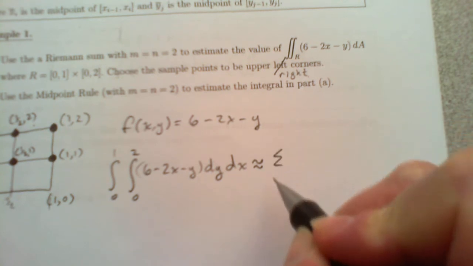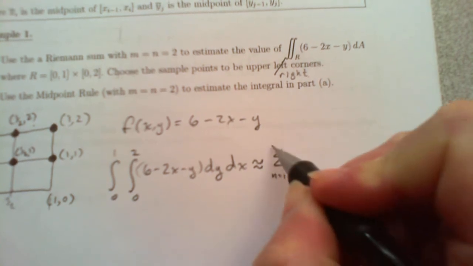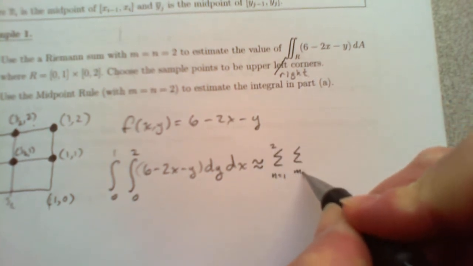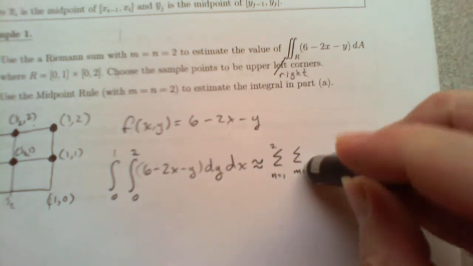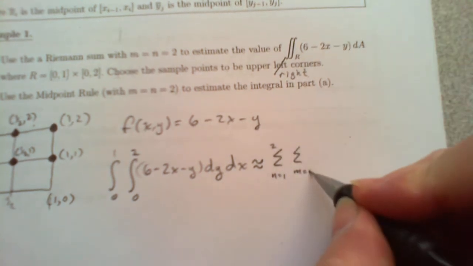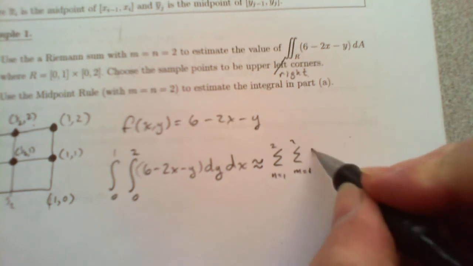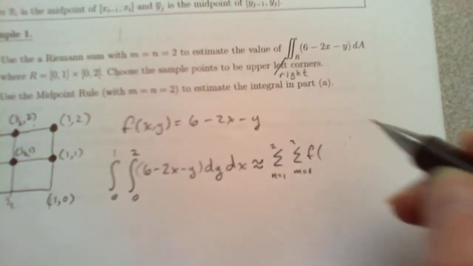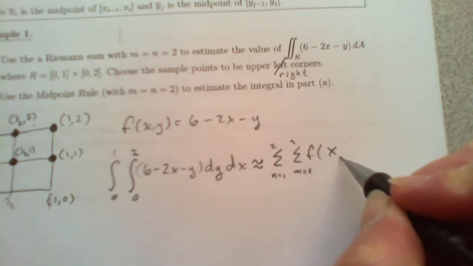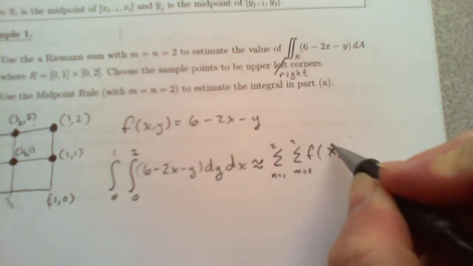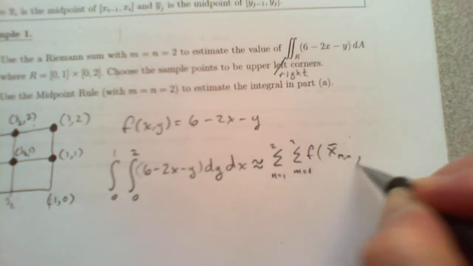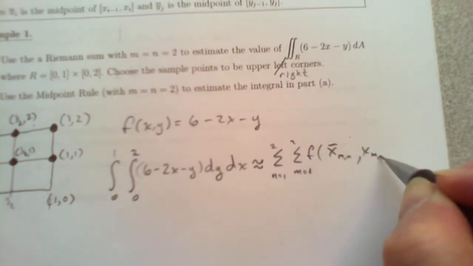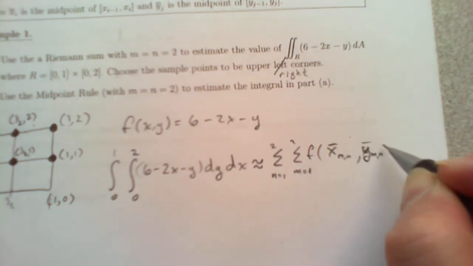So the sum n equals 1 to 2, the sum m equals 1 to 2, of f evaluated at these points right here. So let's see, this is some test point, x_m, y_n.